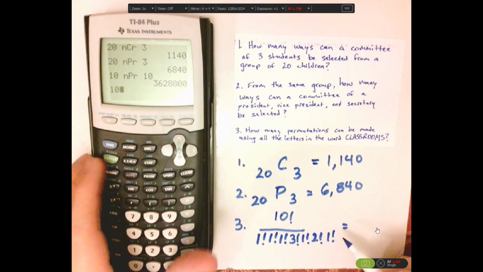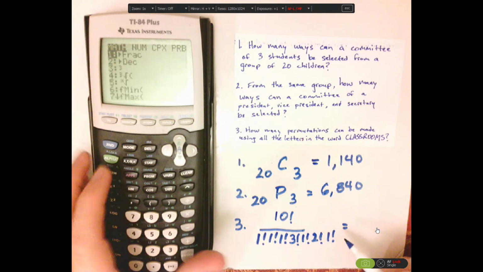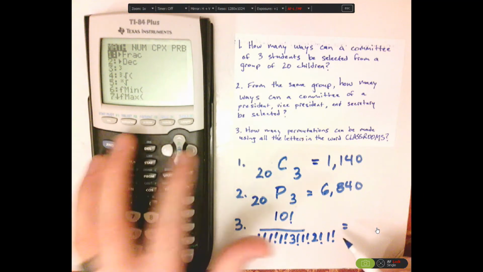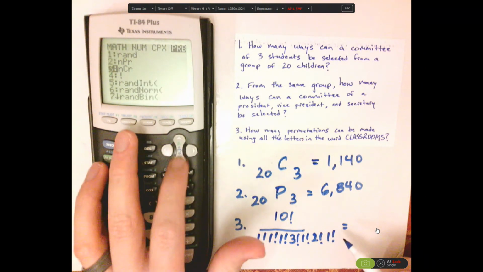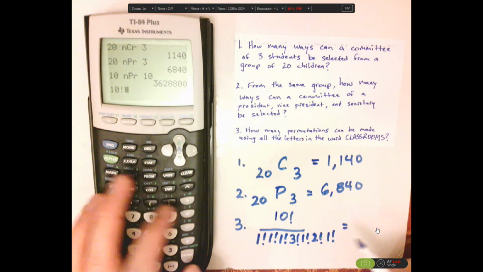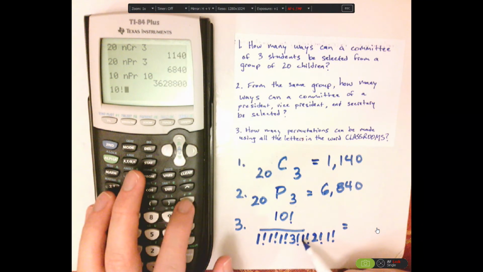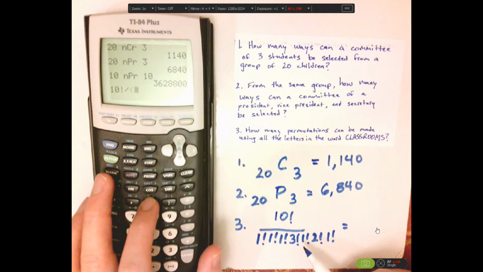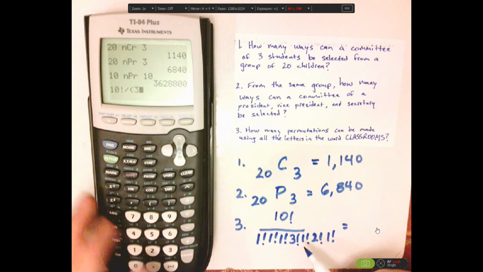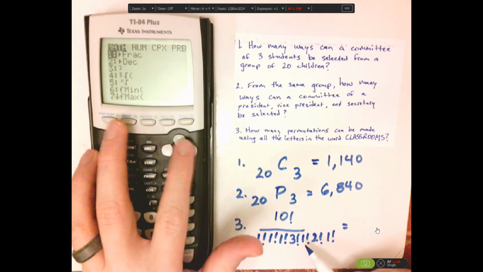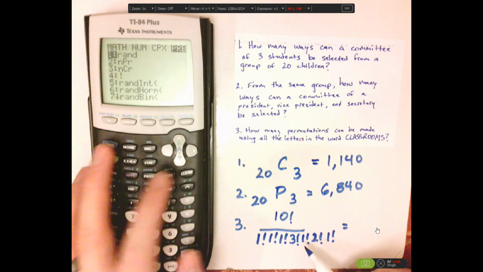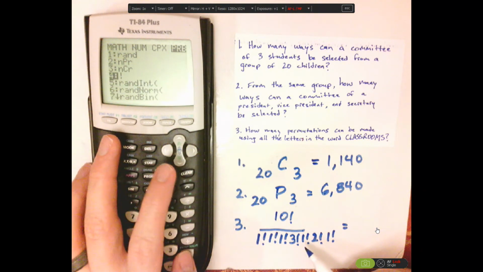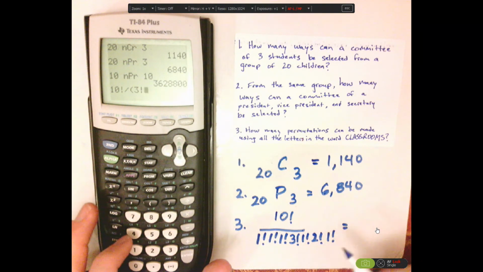So 10 factorial, so 10, math, probability, factorial. I want to separate this from the numerator and denominator, so I'm going to put this inside parentheses and divide it. So I'm going to divide it, parentheses, 3 factorial. And if you know what that is, you could just write that in there.